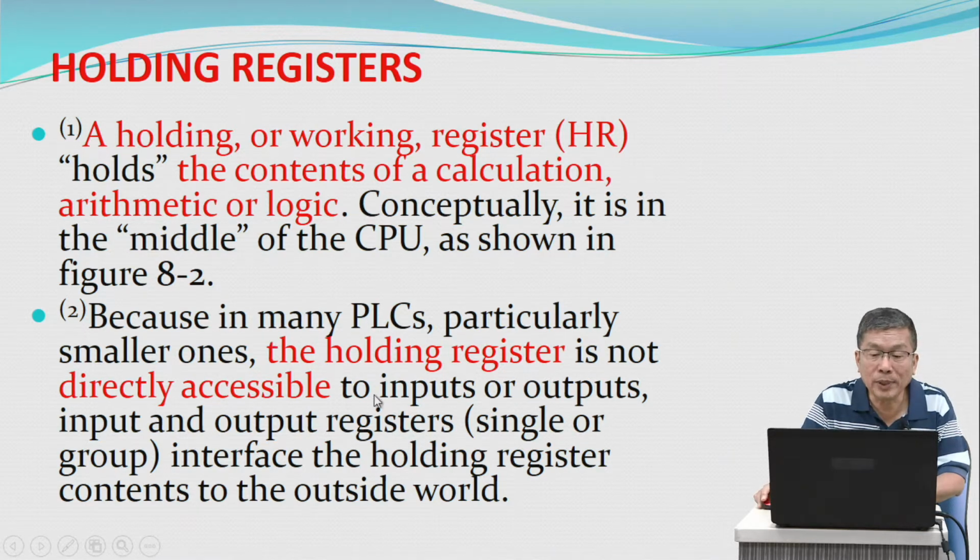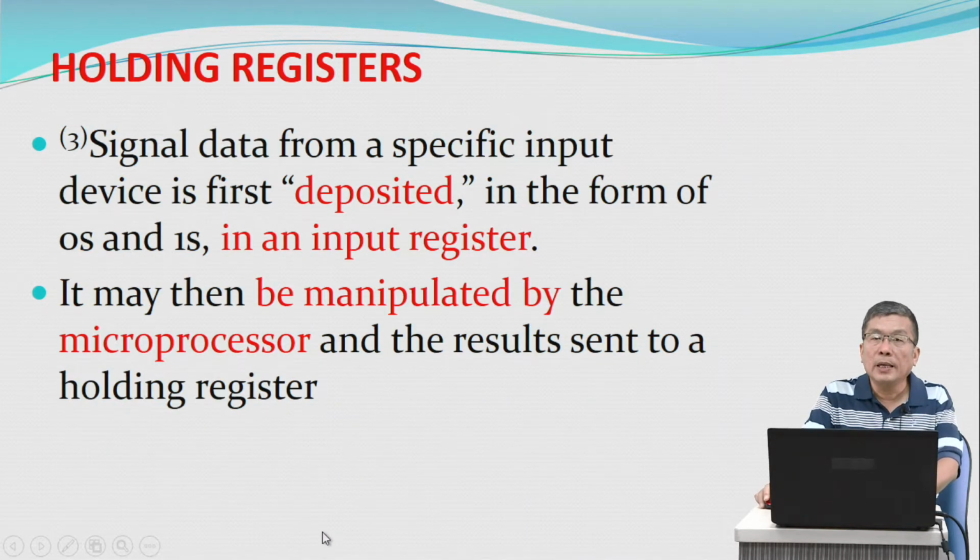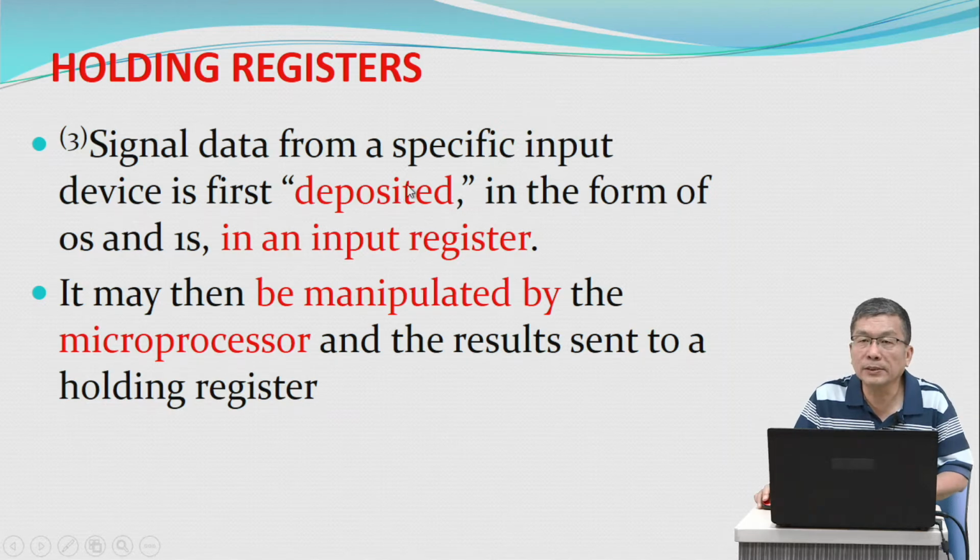Input and output registers, single or group, interface the holding register contents to the outside world. Single data from a specific input device is first deposited in the form of 0s and 1s in an input register.